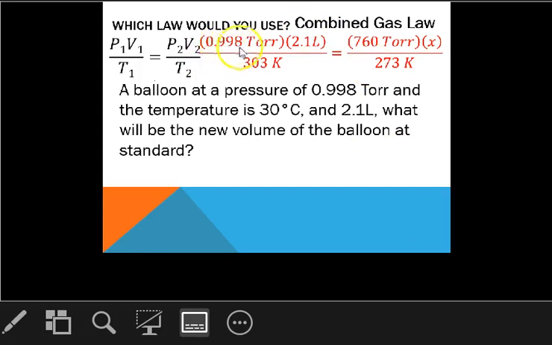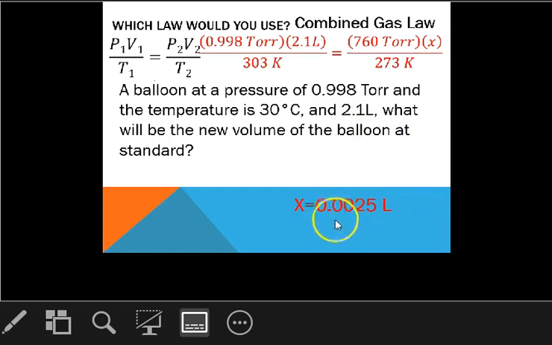So 0.998 torr times 2.1 times 273, divided by, open parentheses, 303 times 760, close parentheses. Your answer is going to come out in liters because the original volume, 2.1, was given to you in liters.